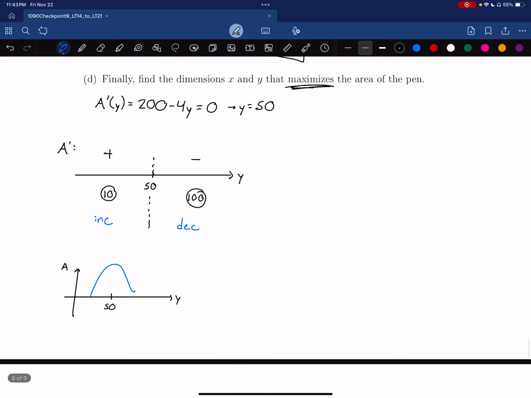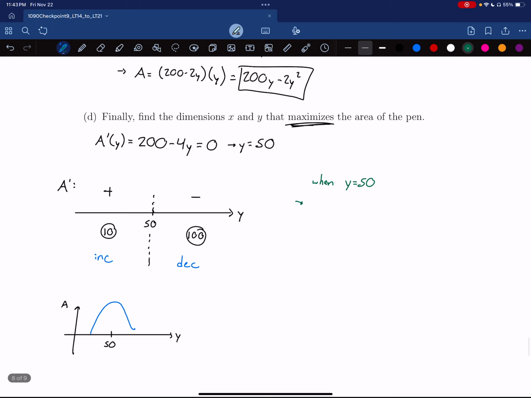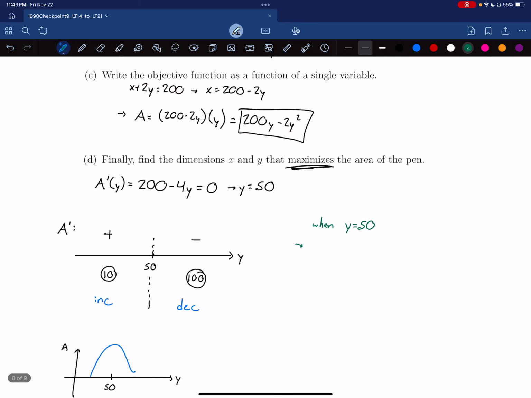Now that we have y equals 50, we need to figure out what x is going to be. So when y equals 50, we have an equation for x already. We found that x equals 200 minus 2y. So x is going to be equal to 200 minus 2 times 50. That equals 100.